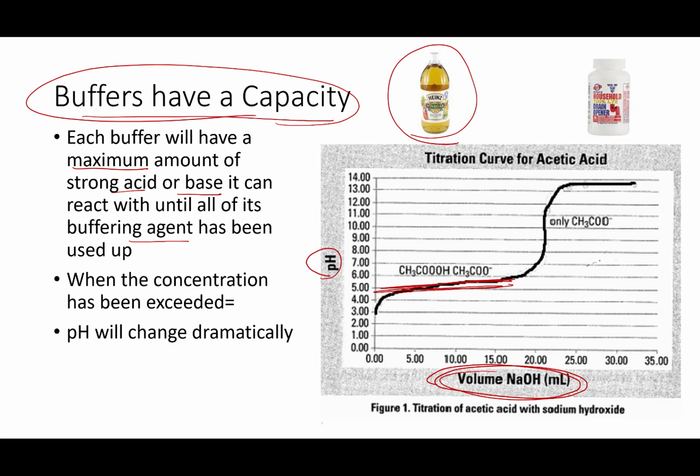It stayed pretty much constant for a very large volume of a lye solution that was added. Over a very wide range, it kept that pH the same until it got to the point where the buffer was used up. And when the buffer was used up, then the pH just goes crazy and rises tremendously.